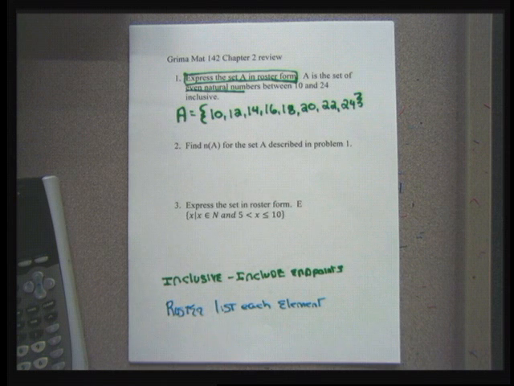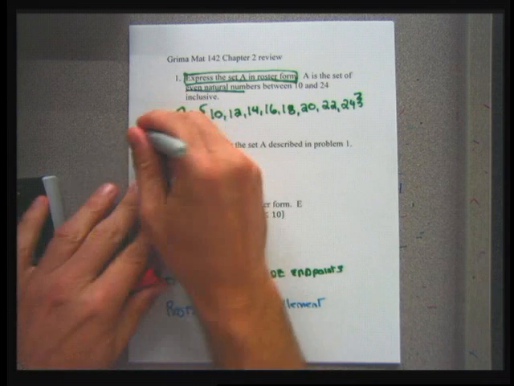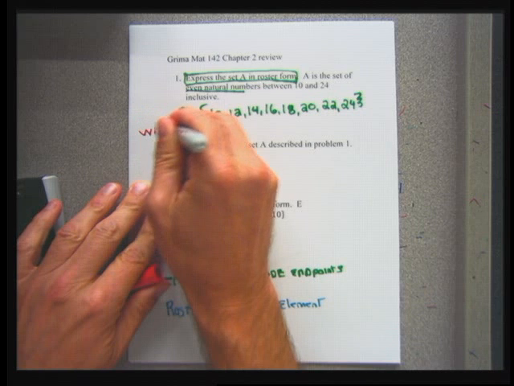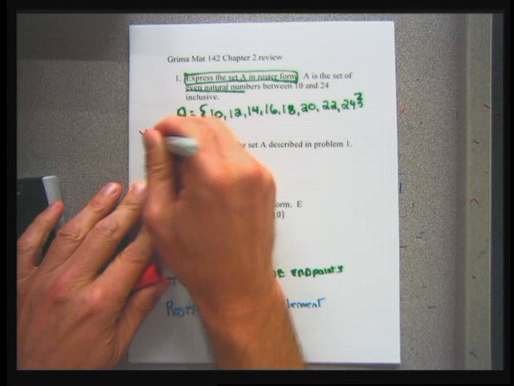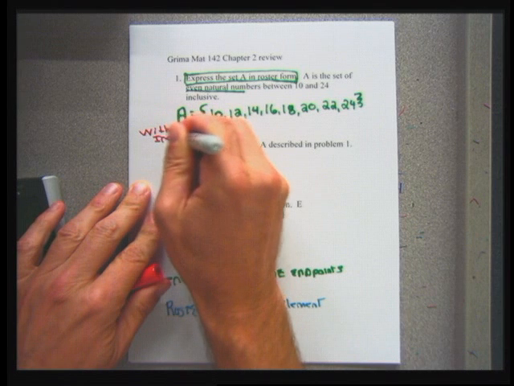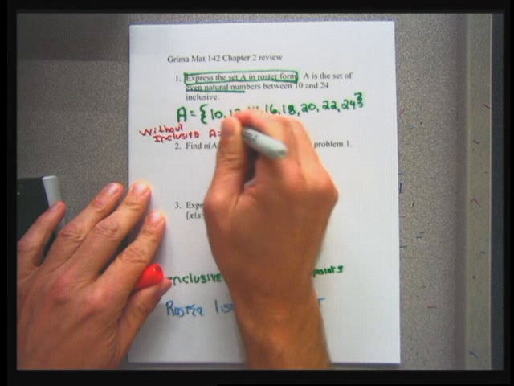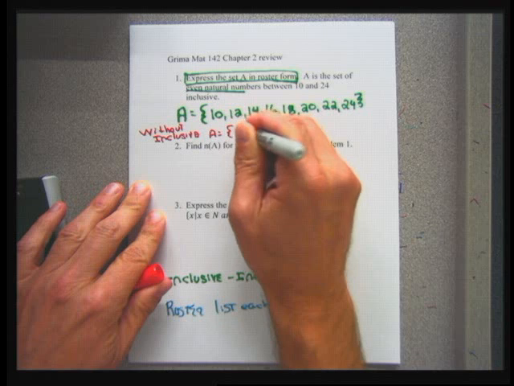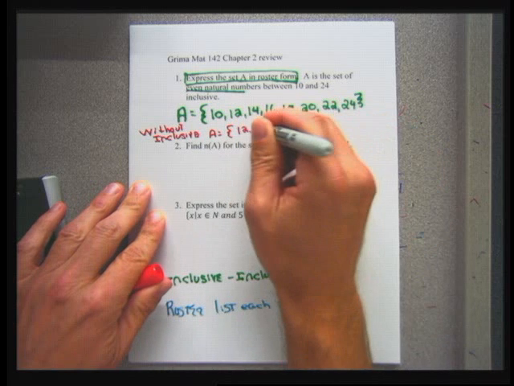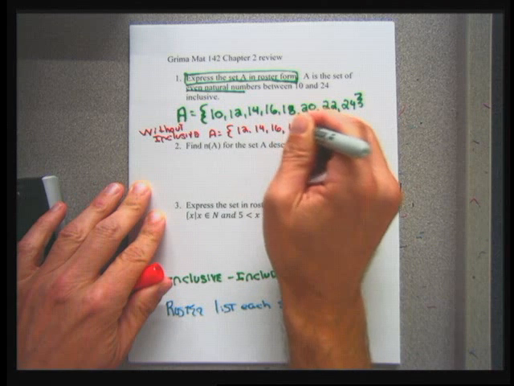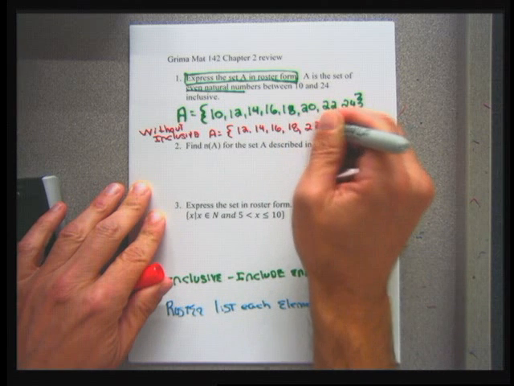Just in case I do this on the test, if the problem didn't have the word inclusive, and there's no reason to think I wouldn't do that on the test, the answer would have been A equal to, and then it wouldn't have included the 10 and it wouldn't have included the 24. So the word inclusive with between includes the endpoints.